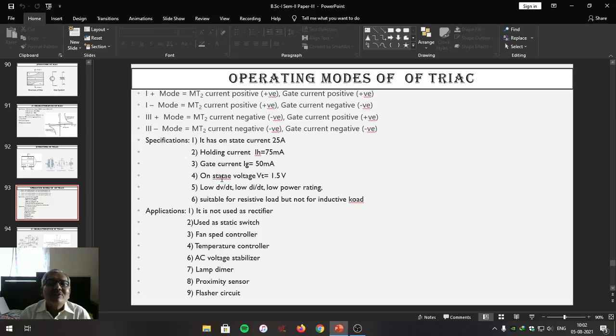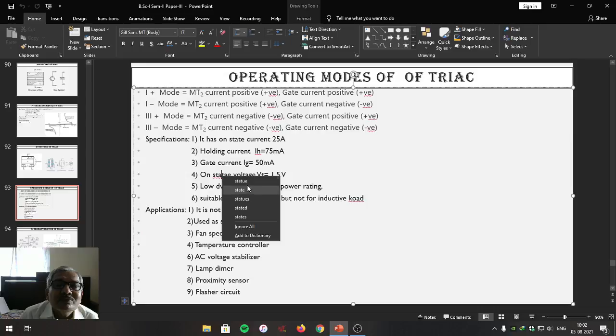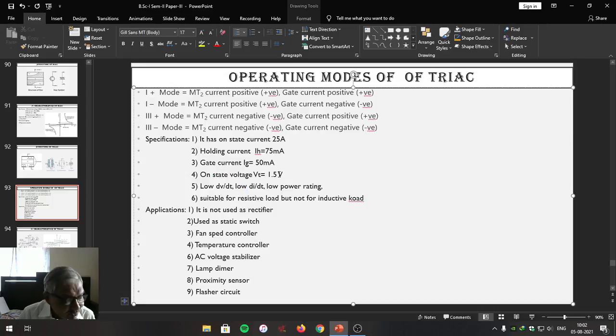On-state voltage, Vt, is equal to 1.5 volt. There is a drop in voltage from breakover voltage to on-state voltage of up to 1.5 volt. Next specification: it has low dV/dt, low dI/dt and low power rating.